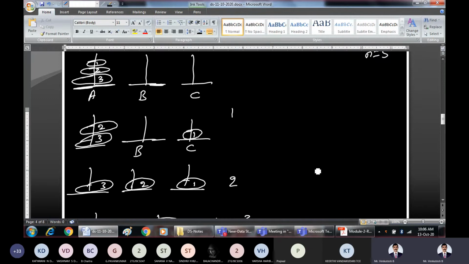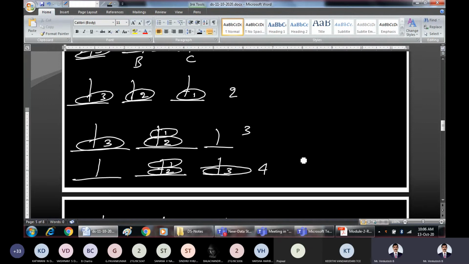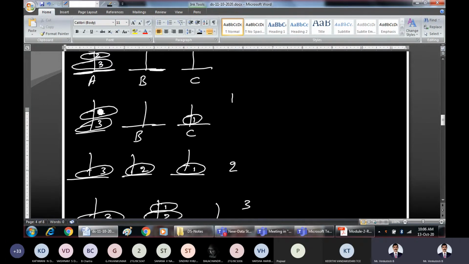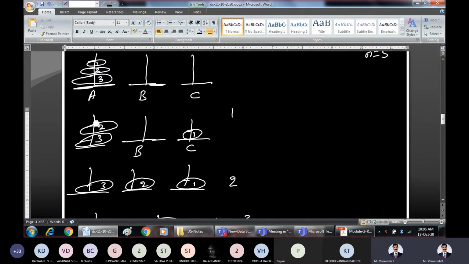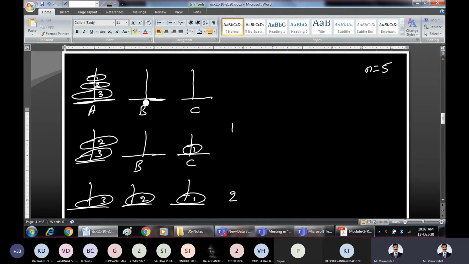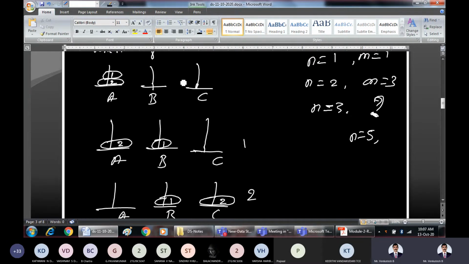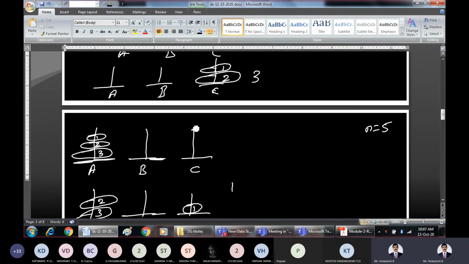But as Vishal probably told, if you move 1 from A to B instead, you can go on calculating, and the number of moves will increase. So for n equal to 3, the number of moves is 7.